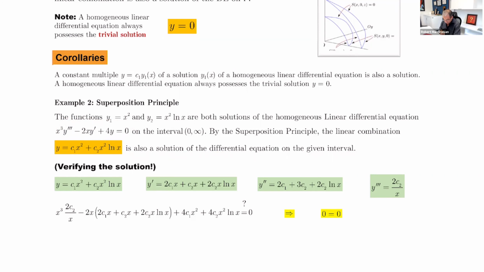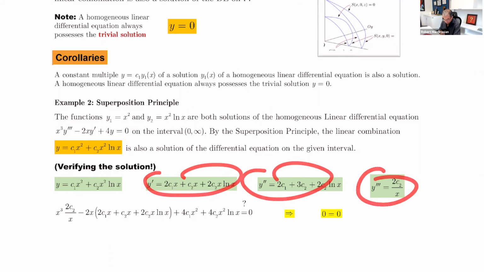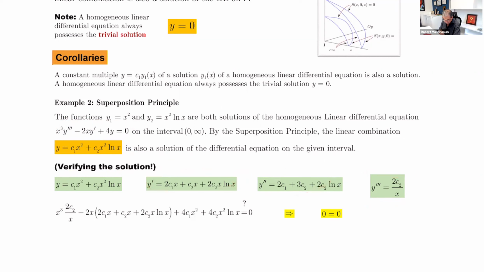And you can try that. You have the function y, you can find the first derivative, the second derivative, and the third derivative. And if you substitute in this equation, you are going to get 0 equals 0, so it will work.